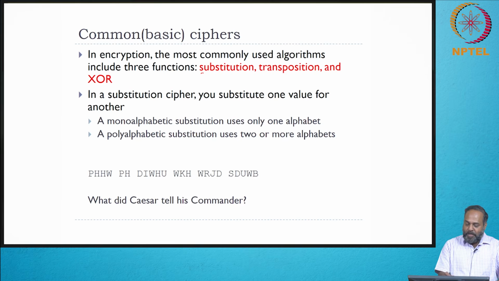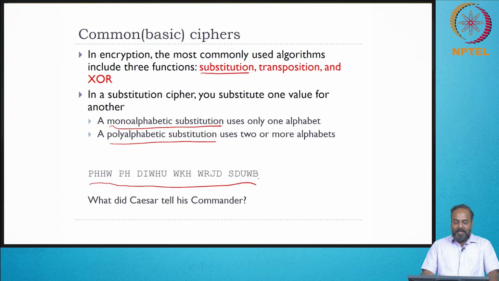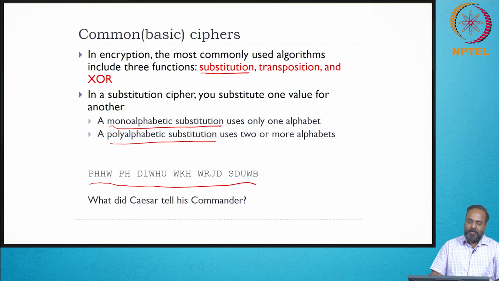And talking about substitution, there can be monoalphabetic substitution and polyalphabetic substitution. To illustrate that, encryption using substitution is very old, and it was used by Caesar in his communications with his commander, and that is widely cited when we talk about encryption.